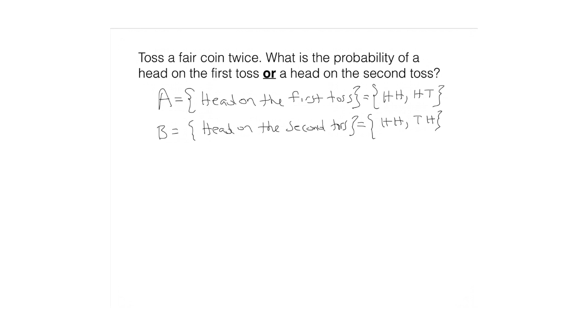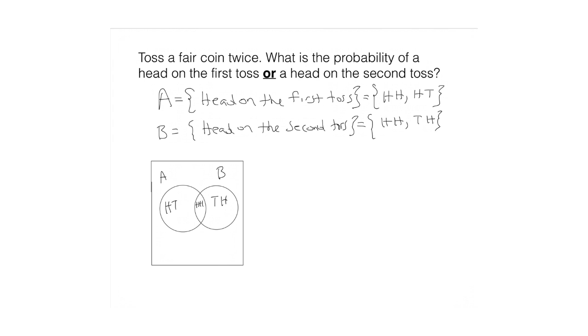Well, we can picture these events by using a Venn diagram. So the box is meant to represent all the possible outcomes, and the circles are meant to represent the two events, A and B. So A consists of a head followed by a tail, and then a head followed by a head, and the event B also consists of a head followed by a head and a tail followed by a head.